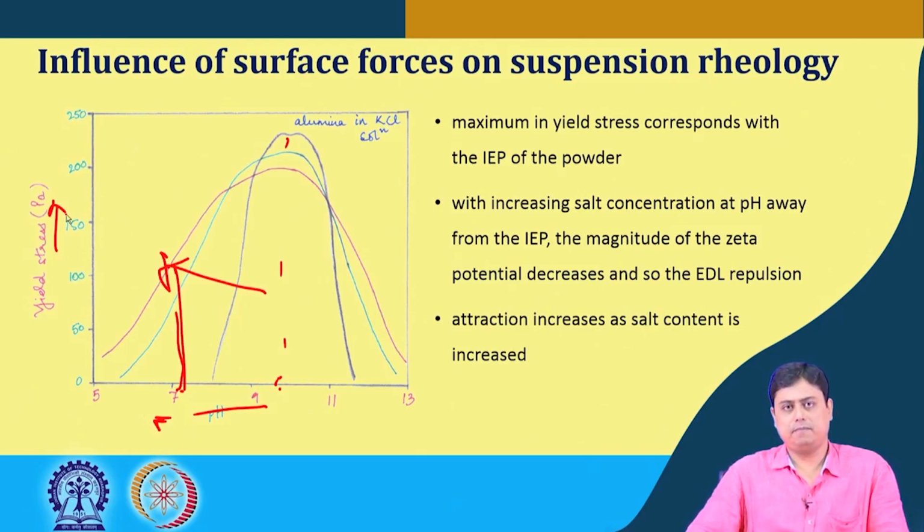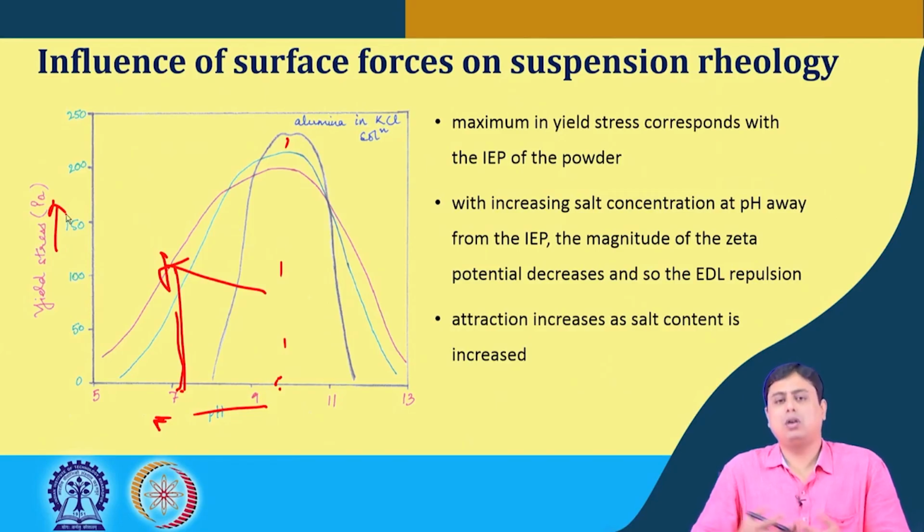Because as we increase the salt concentration away from IEP, the magnitude of the zeta potential decreases, and so the repulsion. So it becomes more and more attractive in nature. So this attraction increases as we increase the salt content.